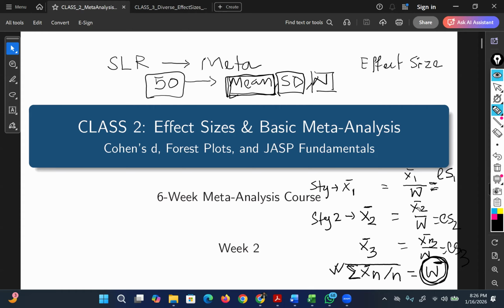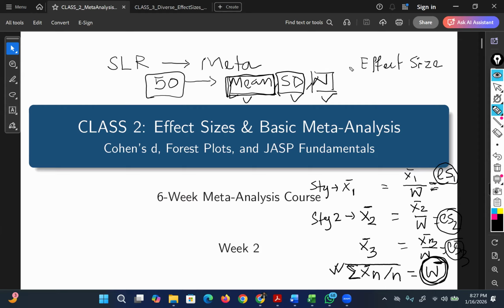Therefore, whatever we have found is effect size 1, effect size 2, effect size 3. This is the simplest effect size that we can calculate from a single group mean, standard deviation, and number of sample size.